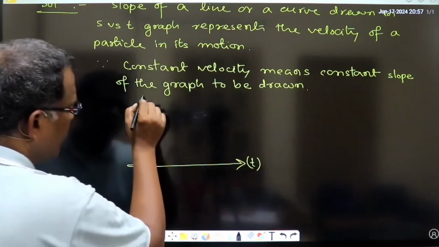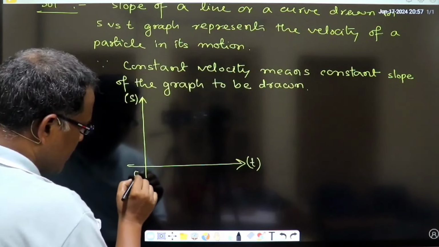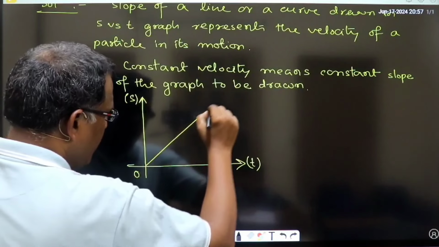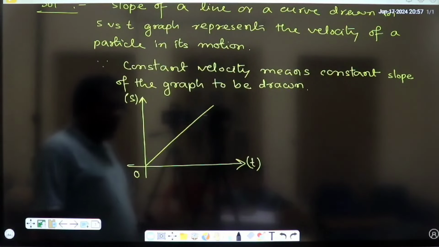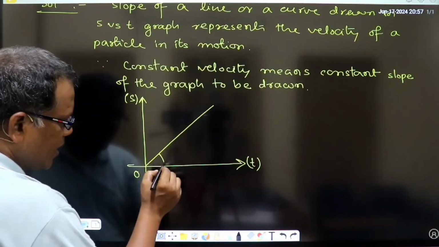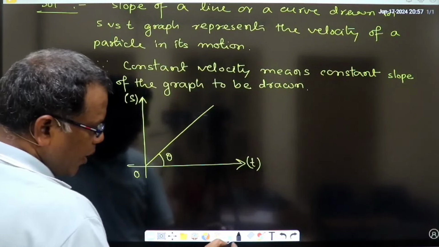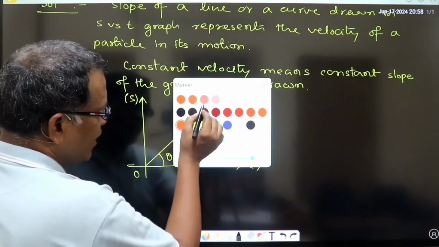T is time, S represents displacement on the y-axis. This is the origin. So draw a straight line passing through the origin having a certain elevation. Why are we saying that this represents constant slope?